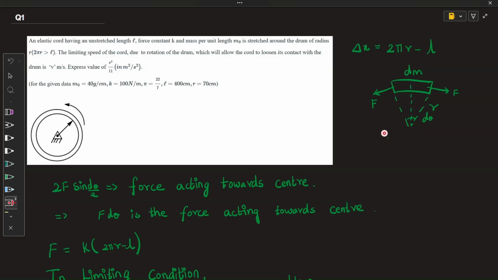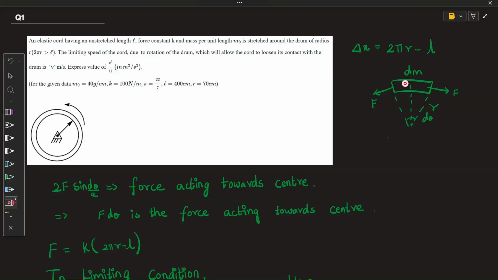This is at a distance r from the center, and it makes an angle d theta. If you see here clearly, this is rotating, right? As this drum is revolving with an angular velocity omega, at that particular time there is a velocity v which is r omega. They are asking for that particular v.